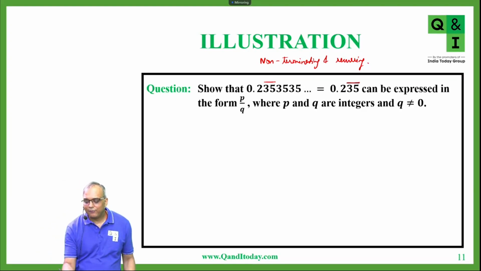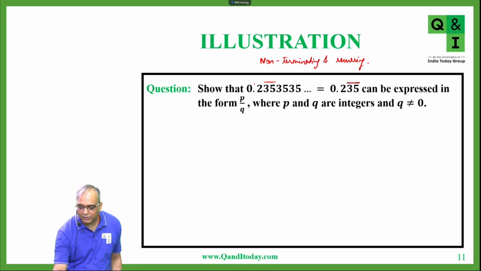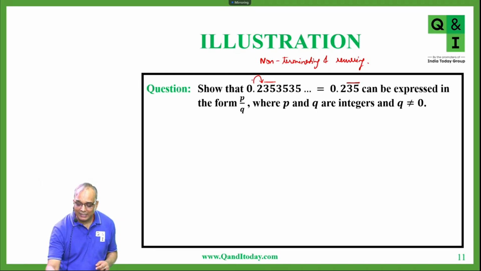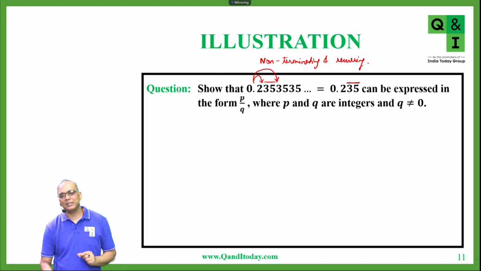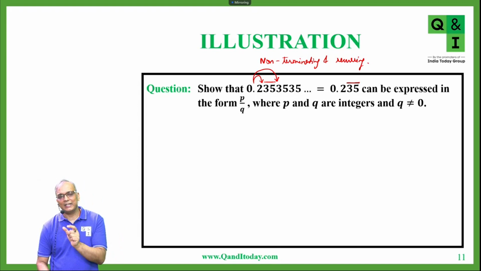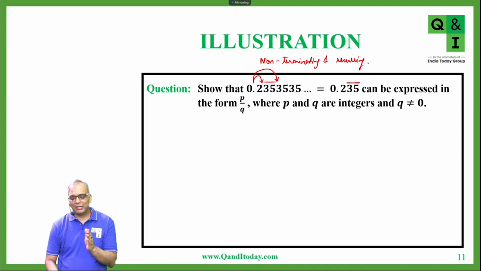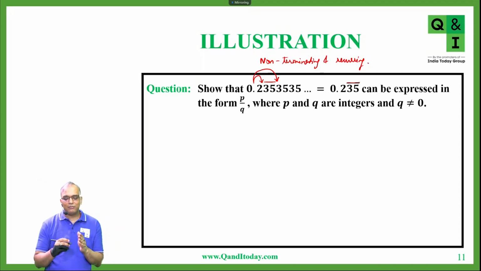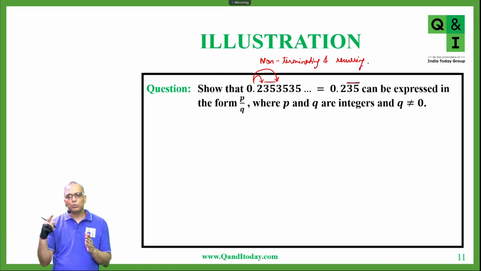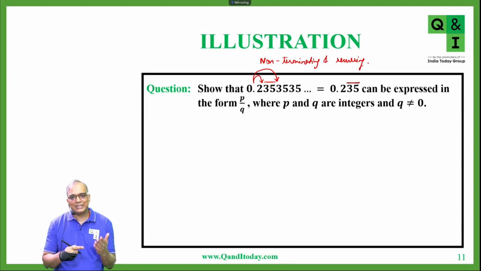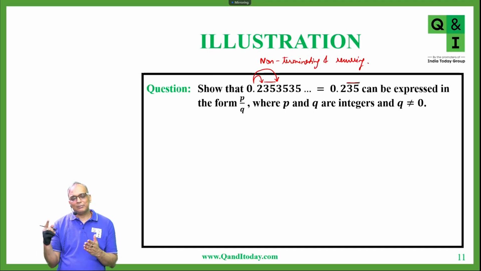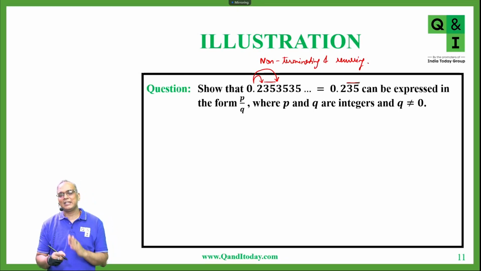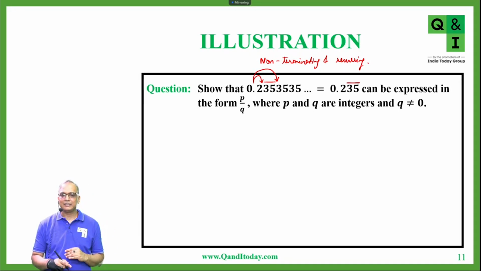So here what first we'll do, we'll move decimal to this point from where repetition starts, and then we'll move to this point where one repetition has been completed. 3 5 is repeating, right? So one calculation will bring my decimal to the place from where repetition is starting, and other calculation will take the decimal to a place where first repetition has been completed and second is started.